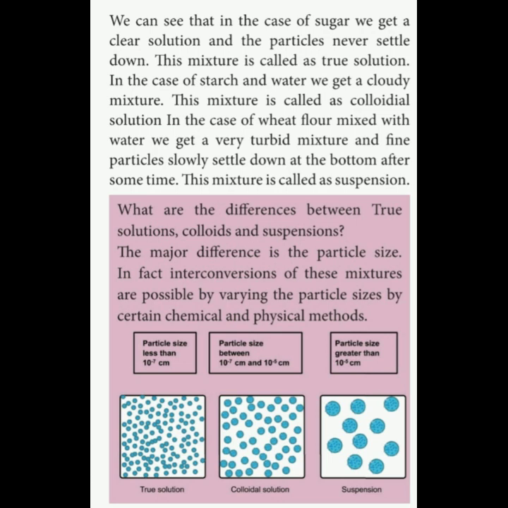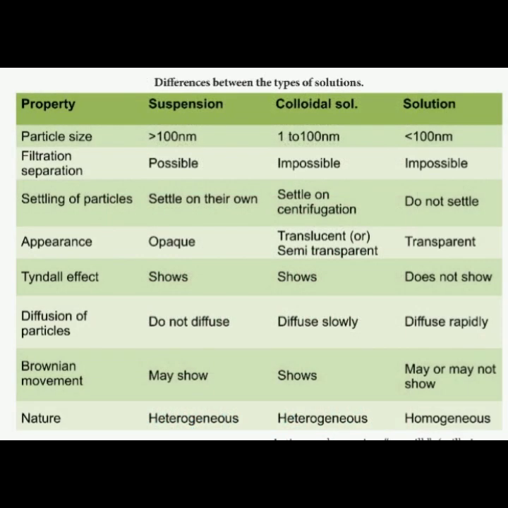Now, what are the differences between solutions, colloids and suspensions? The major difference is the particle size. In fact, interconversions between these mixtures are possible by varying the particle size through certain chemical and physical methods. Now, the main differences between true solution, colloidal solution and suspension, how does it vary?